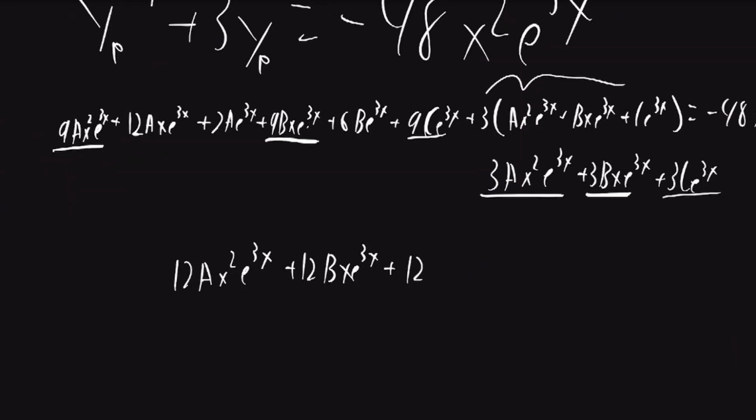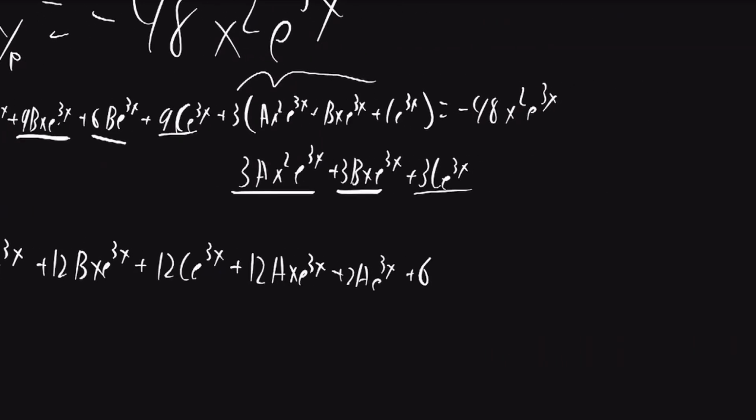So that will become 12c e to the 3x. And I'll just write down the extra terms we have. We'll have this 12ax e to the 3x, this 2a e to the 3x, and this 6b e to the 3x. That will all be equal to negative 48 times x squared e to the 3x.